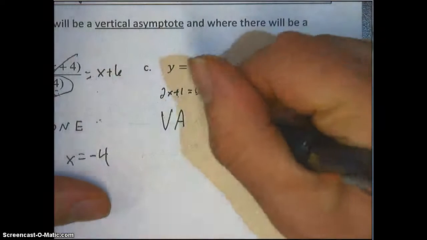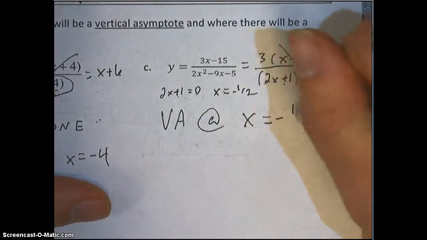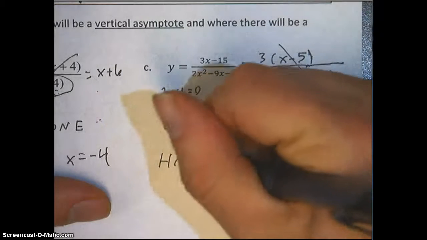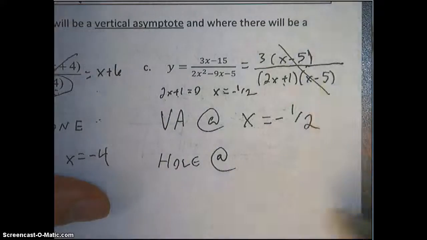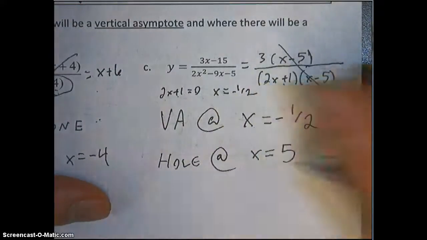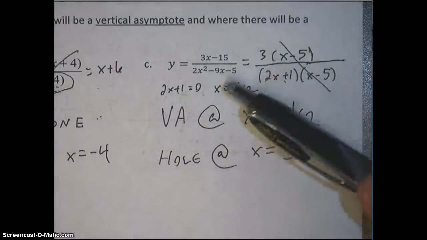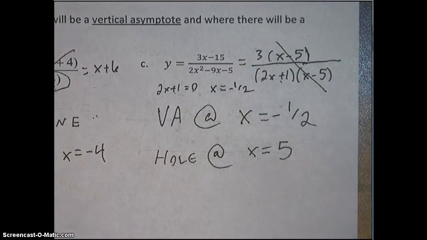So I've got a vertical asymptote at x equals negative 1/2, and I have a hole at the value of x that I cancel out, so at x equals positive 5. So remember, whatever's left in the denominator gives you your vertical asymptote. Whatever you cancel out gives you your holes.